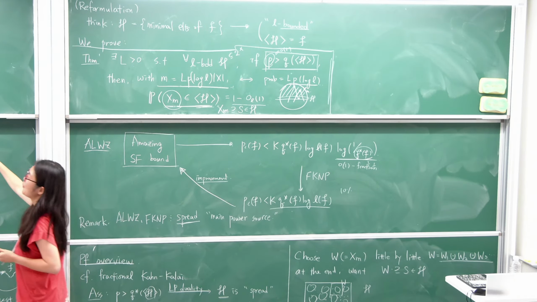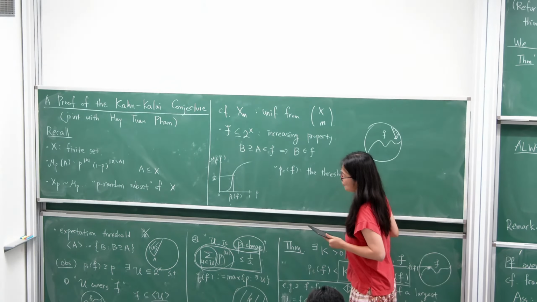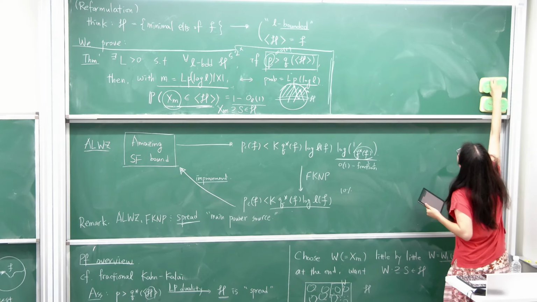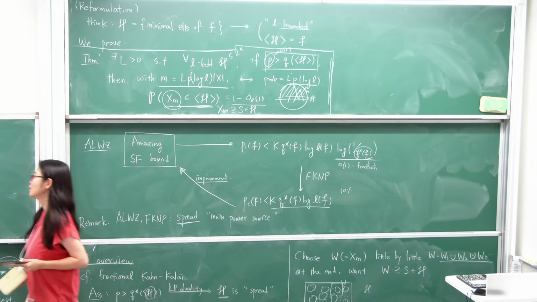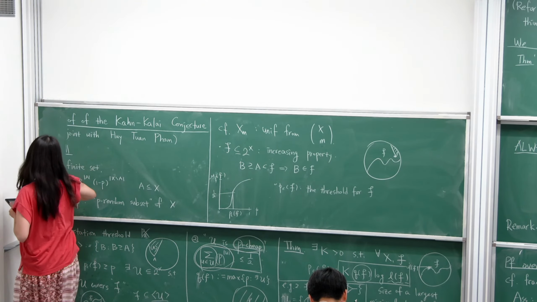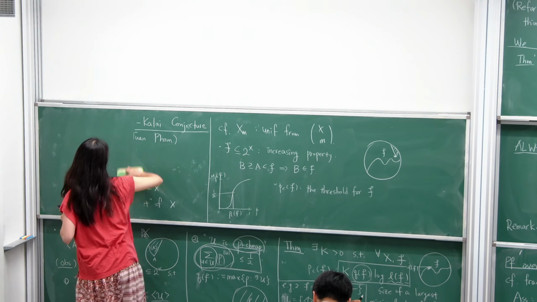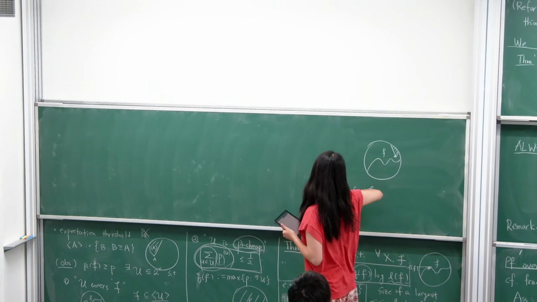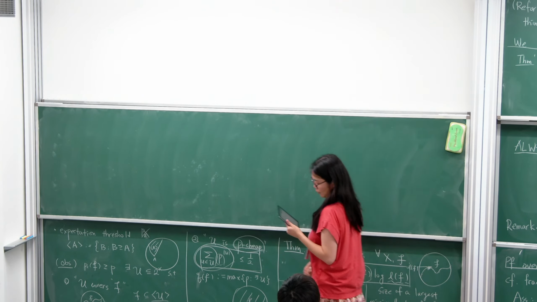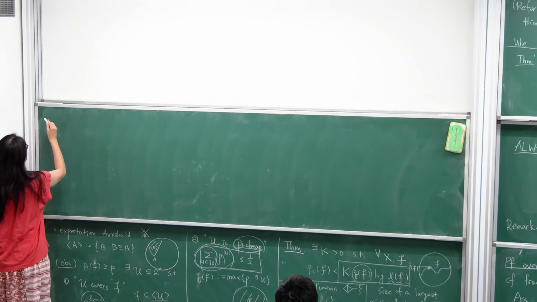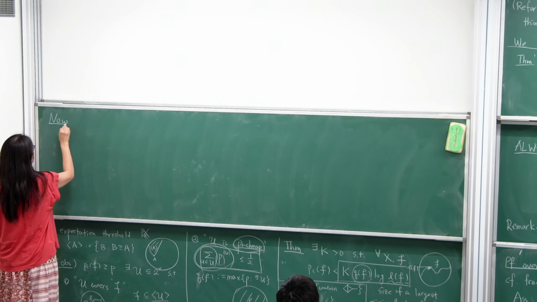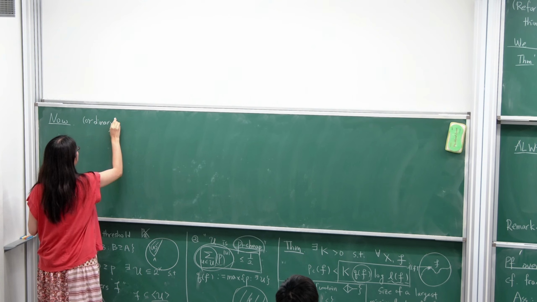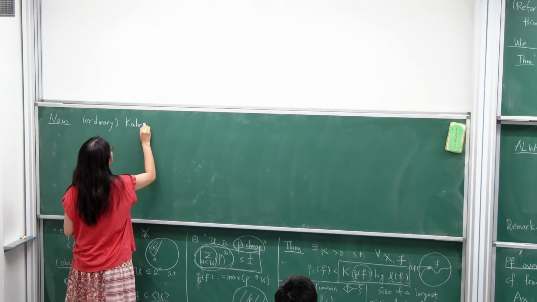Okay, then now we are back to our main interest, the eraser. So now we are back to the ordinary Kahn-Kalai conjecture.